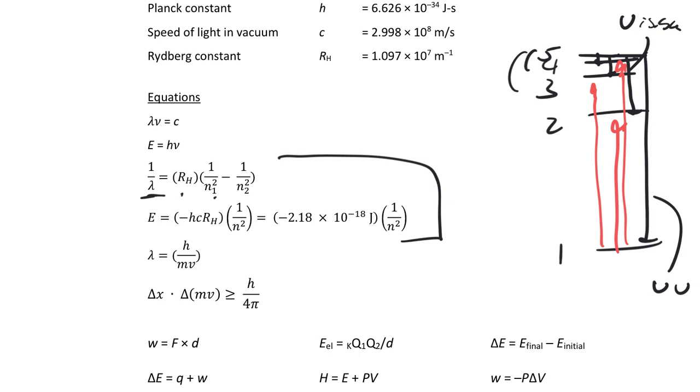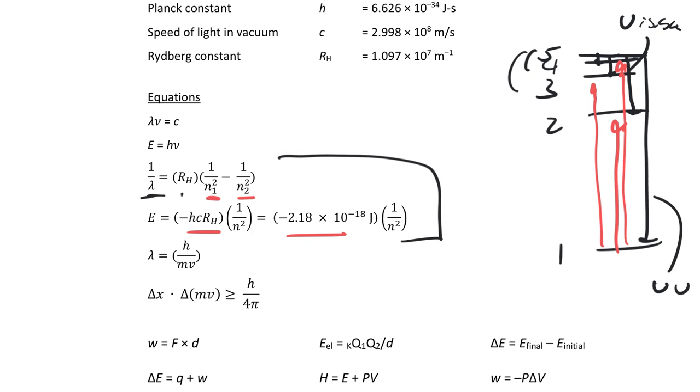And so what we want here is to plug in our two n values, or we can use the equation here, which calculates the energy as a function of n for the hydrogen atom.